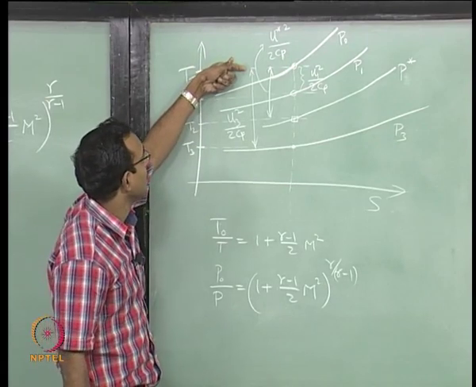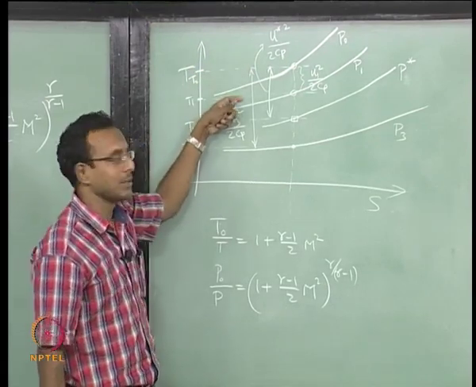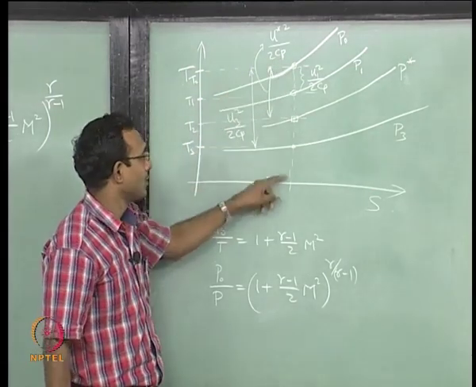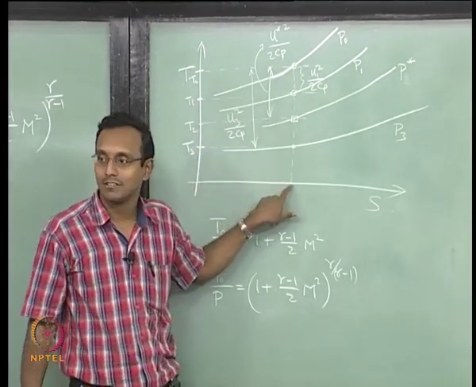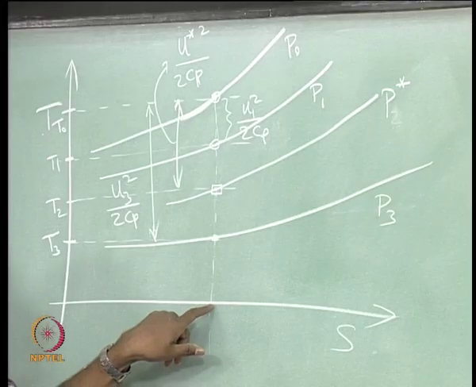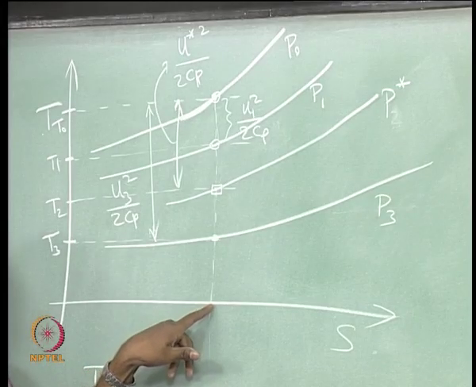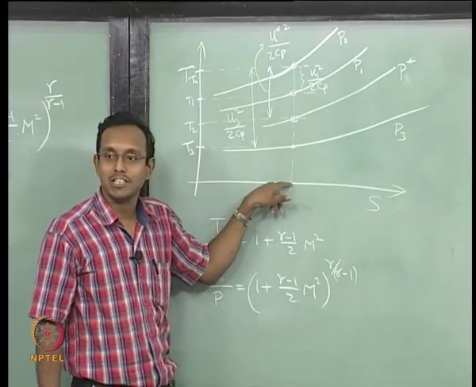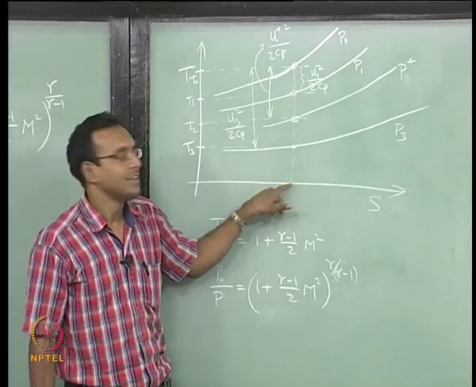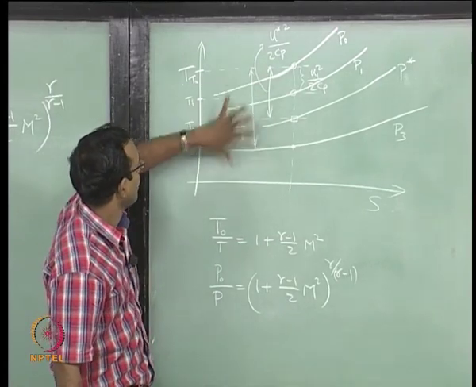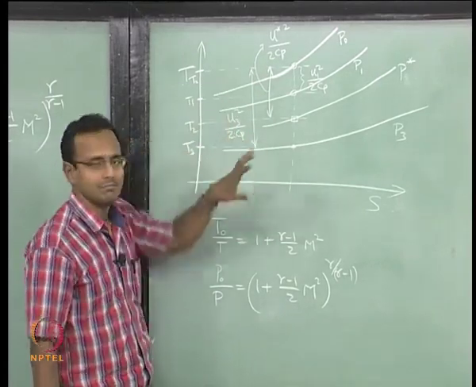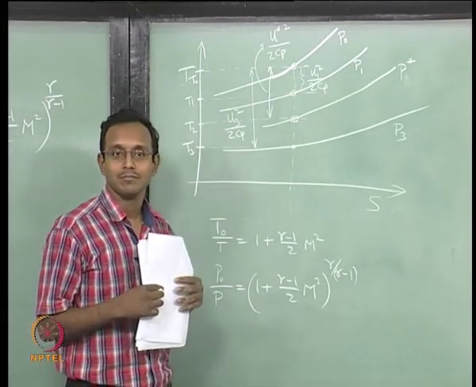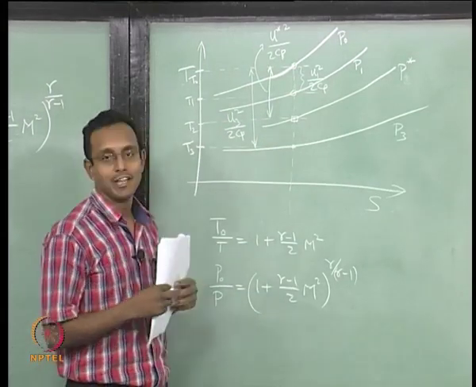And slowly, it is pulling the temperature to a lower value, increasing kinetic energy. We can keep doing this up to the bottom point. What will this bottom point correspond to? T equal to 0. This will be your U max. This whole height is U max square by 2 Cp. We already did that, so that is the connection you have to get.